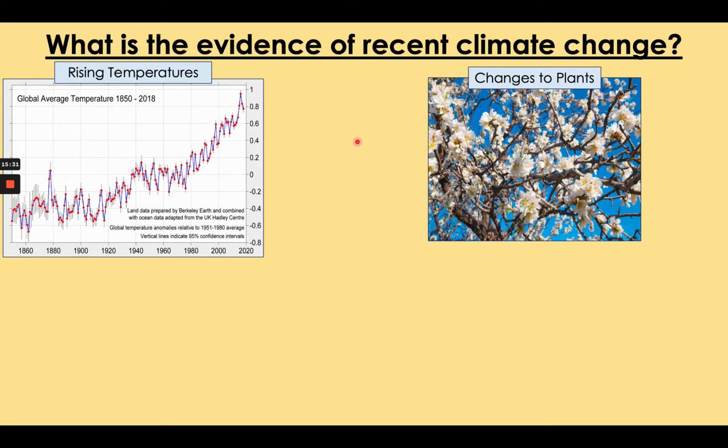Usually, in England, for example, this happens throughout March, then April, then to May. But because of climate change in the last 150 years, trees are blossoming earlier in the year, indicating that the temperatures are rising on average earlier in the year, which provides us with another piece of evidence of climate change and global heating.